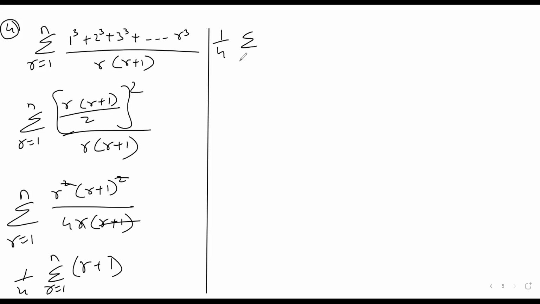So it is 1 by 4 summation r runs from 1 to n, r, plus summation r runs from 1 to n, 1. Sorry, we forgot, there is one more r here.